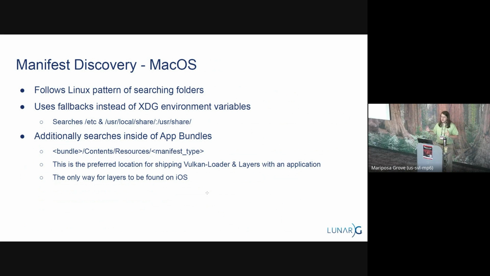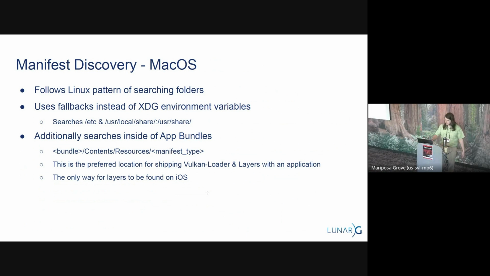But regardless, the primary way that you ship a driver or a layer in the macOS world is inside the app bundle. That is something the loader knows about and will look in directly. And you have to use bundles if you are shipping on iOS or tvOS, because there is no system installed location for layers and drivers.